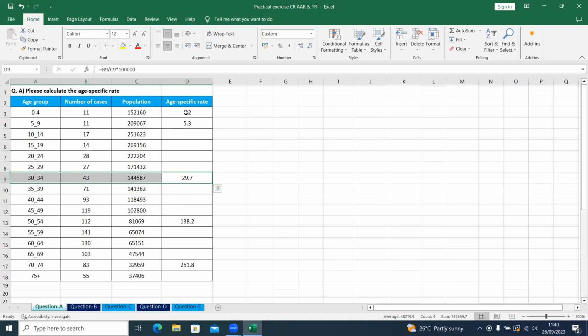This is a very simple calculation. I just drag the formula for all age groups. You can do the copy paste. So this is the age specific rate for that particular age group.